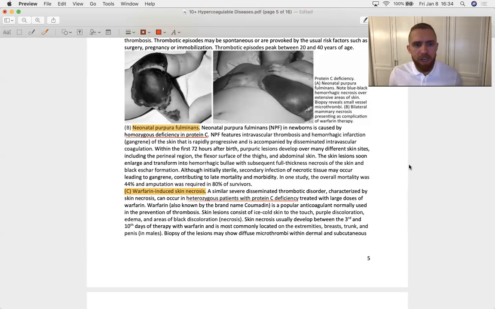And again, if it happens in the kid, neonate purpura fulminans, protein C and protein S. If it happens in an adult taking warfarin, you know it's because of the warfarin, and you suspect protein C deficiency because you know that protein C is the very first protein that warfarin eradicates from the blood.